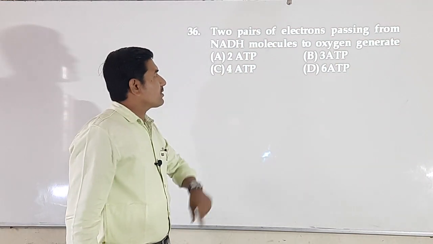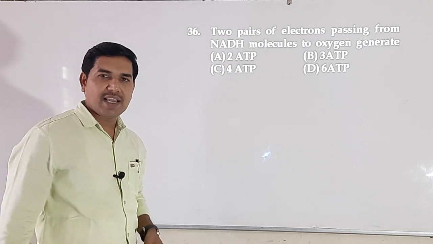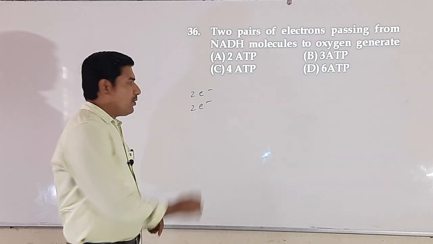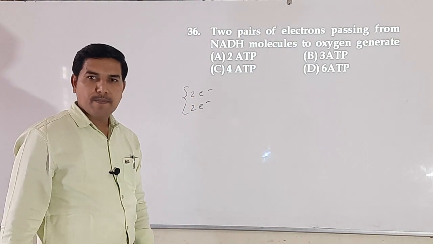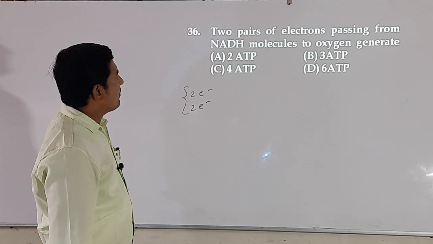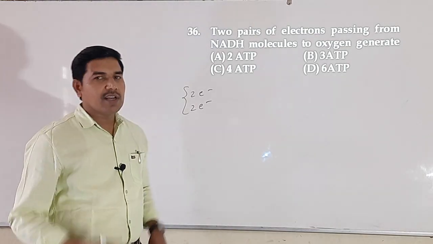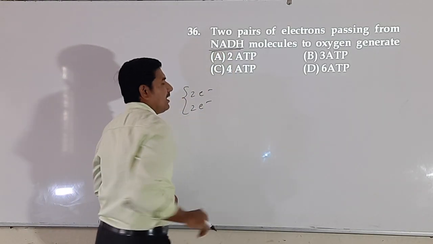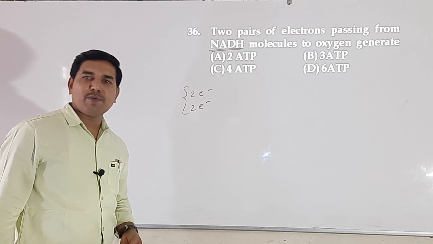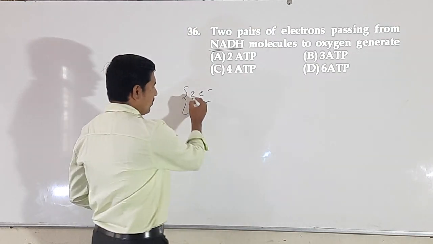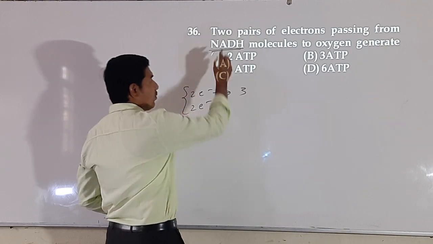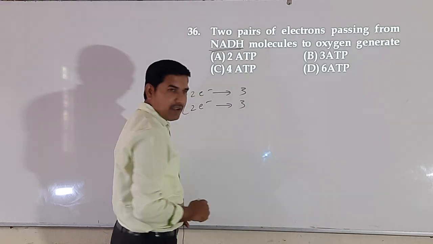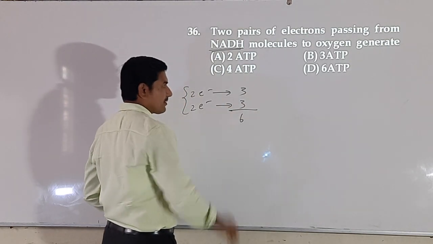Two pairs, ಎರಡು ಜೋಡಿ ಅಂತಂದರೆ ಎಷ್ಟು? 4 ಎಲೆಕ್ಟ್ರಾನ್ಸ್ ಆಯಿತು. ಸೊ ಟೂ ಪೇರ್ಸ್ ಆಫ್ ಎಲೆಕ್ಟ್ರಾನ್ಸ್, passing from NADH molecule to oxygen generate... ಆಕ್ಸಿಜನ್ ಅಂತ ಬಂದಾಗ ಇದು ಎಲೆಕ್ಟ್ರಾನ್ ಟ್ರಾನ್ಸ್ಪೋರ್ಟ್ ಸಿಸ್ಟಮ್. ಹಂಗಿದ್ರೆ NADH ಪ್ಲಸ್ H ಪ್ಲಸ್ ಇಂದ ಎಷ್ಟು ATP ಪ್ರೊಡಕ್ಷನ್ ಆಗ್ತಾವ ಅಂತನ್ನುವಂಥದ್ದು. ಸೊ ಈ ಎಲೆಕ್ಟ್ರಾನ್ನಿಂದ 3 ATP, because 1 NADH is equal to 3 ATP. ಇನ್ನೊಂದರಿಂದ ಇಟ್ ಆಲ್ಸೋ ಜನರೇಟ್ಸ್ 3 ATP. ಸೊ ಟೋಟಲಿ ಇಟ್ ಫಾರ್ಮ್ಸ್ ಇಂಟು 6.